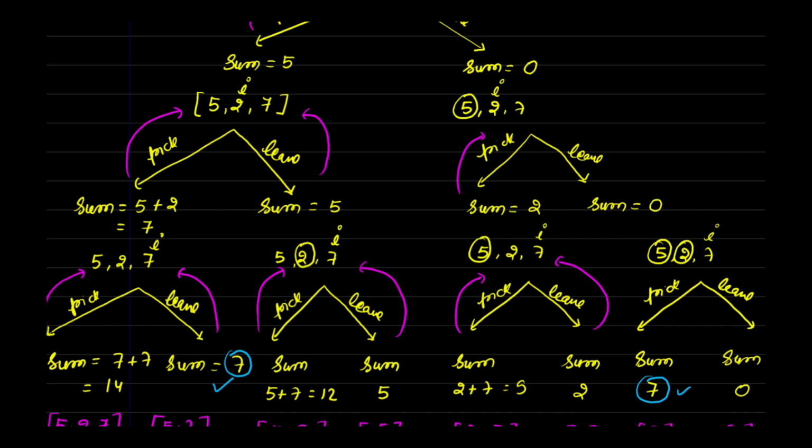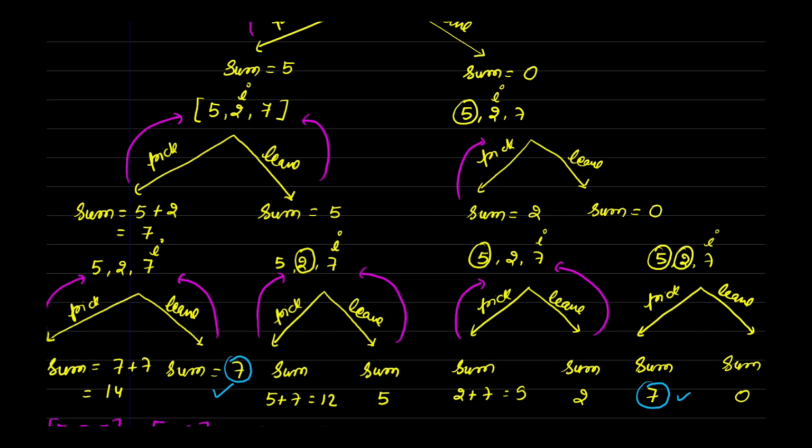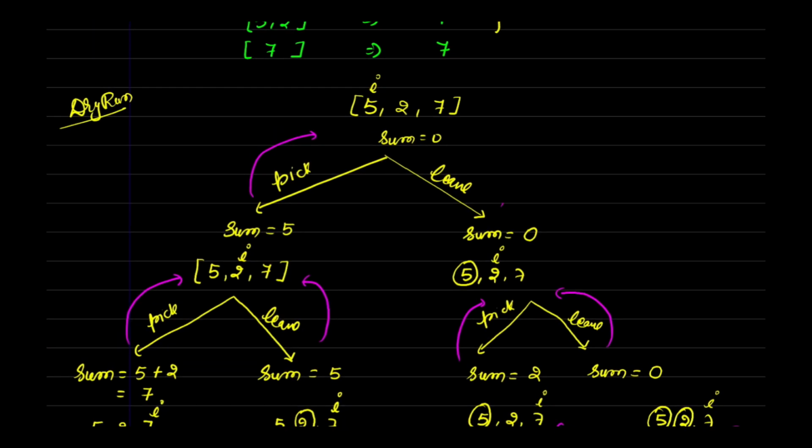Now here we did till all the indexes, so we missed to go back for the backtracking part. Here also, and finally from here, and we reach till the root.